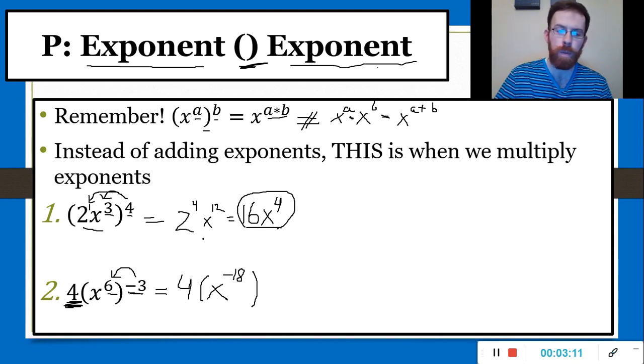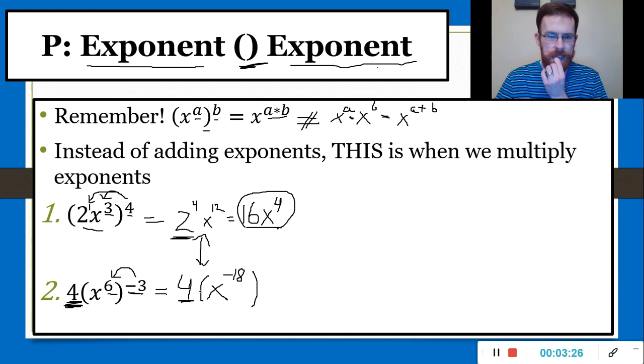Now, I really hope you guys see the difference between these two. One, where we had a number inside the parentheses, the other where we had a number on the outside of the parentheses. Now, I want us to simplify, so I don't want to see this -18 unless it says, hey, write your answers with negative exponents. So what do we do with a negative exponent?